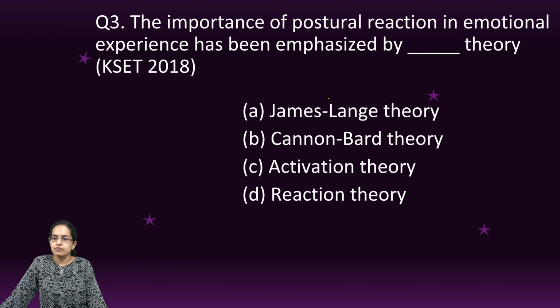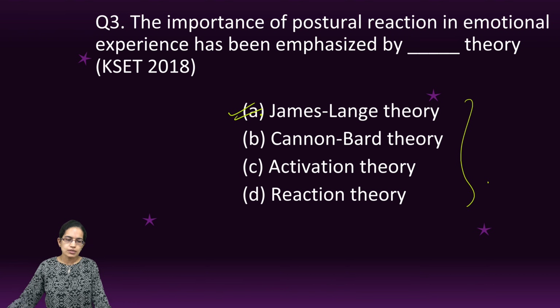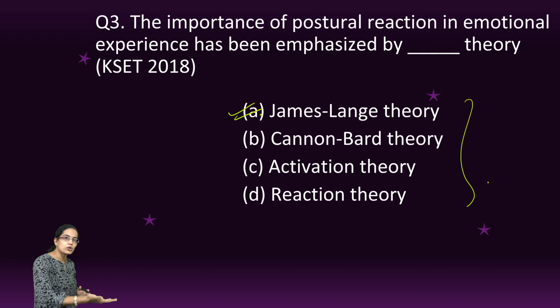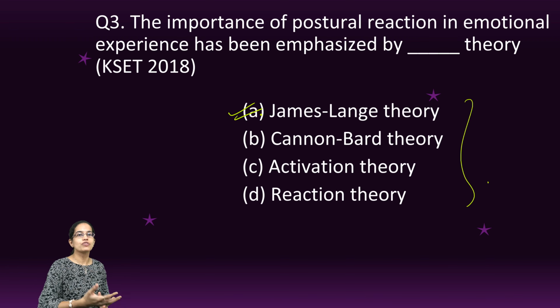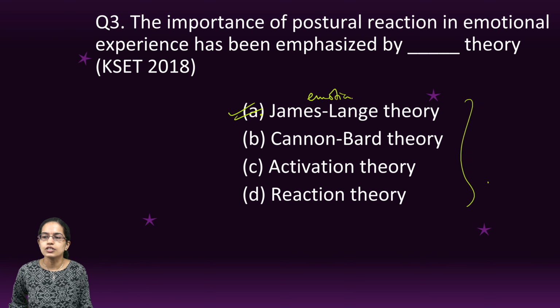Now here again we must know all the theories of emotions that we have covered in our lectures before. Of course, here James-Lange theory is the right option. Now James-Lange theory talks about emotion occurring as a result of physiological change. So emotions are the result of the physiological change.